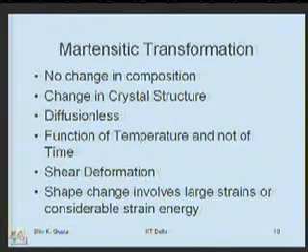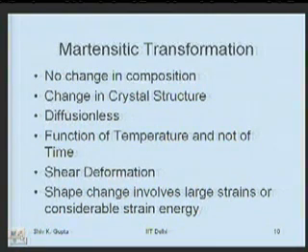The mechanism is the shear deformation as I explained. Along two axes there is an extension, along the third axis there is a contraction. And the shape change that it involves gives rise to large strains and therefore there is a considerable strain energy involved in the process. Driving force is going to provide that strain energy. Besides the shape change, there is also a change in volume involved.